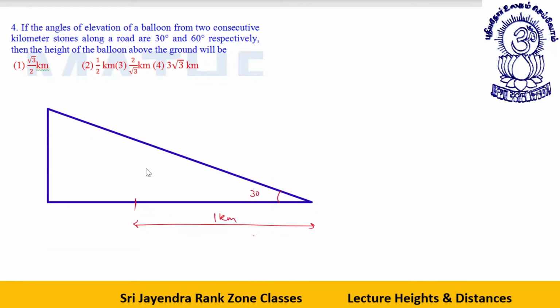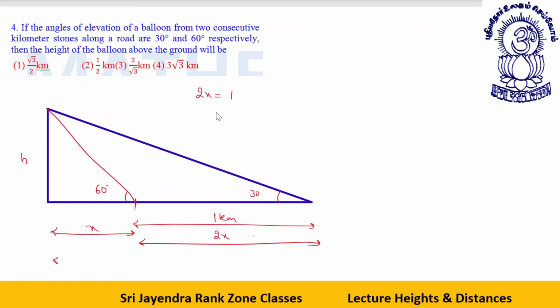This angle is 30. This angle is 60. So automatically this becomes x. This becomes 2x. Fine, and this is h. 2x is given to you as 1. X will be 1 by 2.